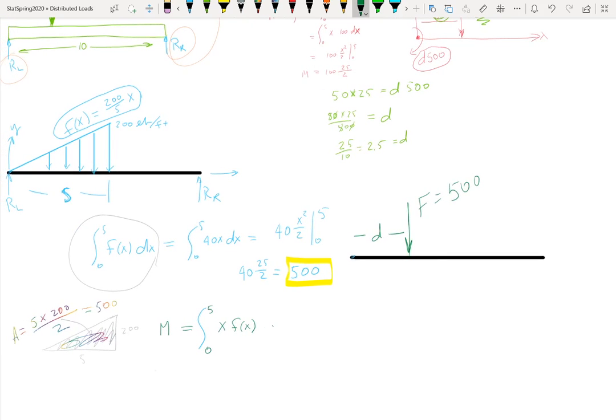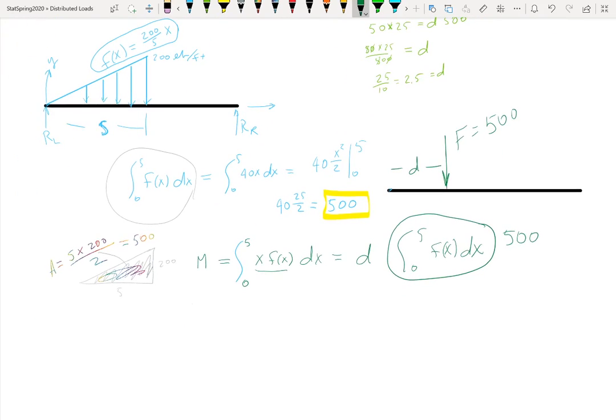So that's got to be the distance times the 500, or the area. In some books it'll be written like this: integral 0 to 5 f of x dx, where in fact that is the 500.